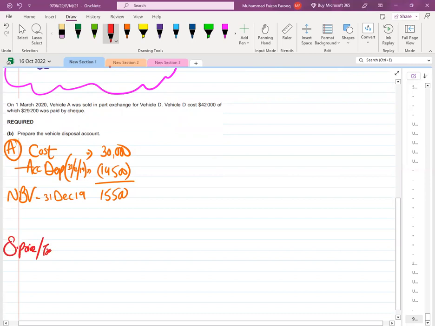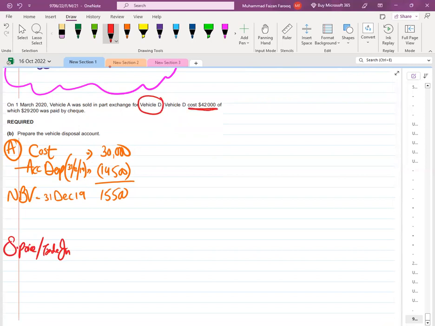Here they are saying that they are exchanging the vehicle with D. Vehicle D costs 42,000. We are paying 29,200 from the bank.